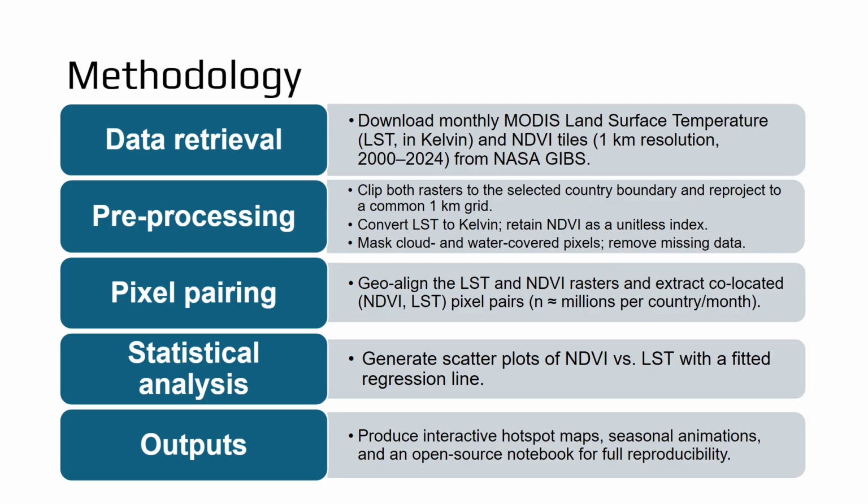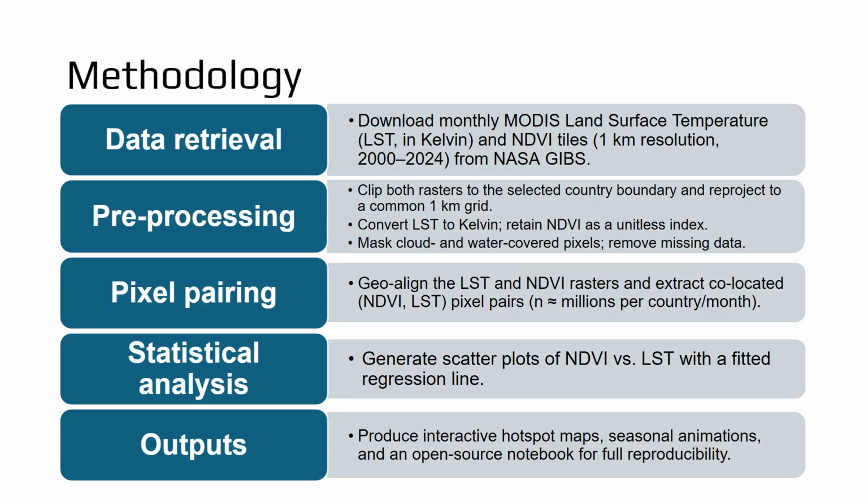My workflow consisted of 5 major steps. First, I retrieved monthly NDVI and LST data for any selected country. This works for any country in the world. Then I pre-processed the data, masking cloud and water pixels, reprojecting and clipping to a common grid. Third, I paired corresponding NDVI and LST pixels.